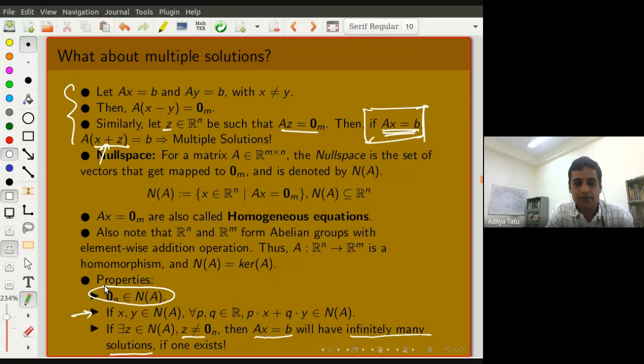Okay, you may have only the zero vector in the null space, but still there may be no solution for some Ax equals b. Can somebody give me an example?